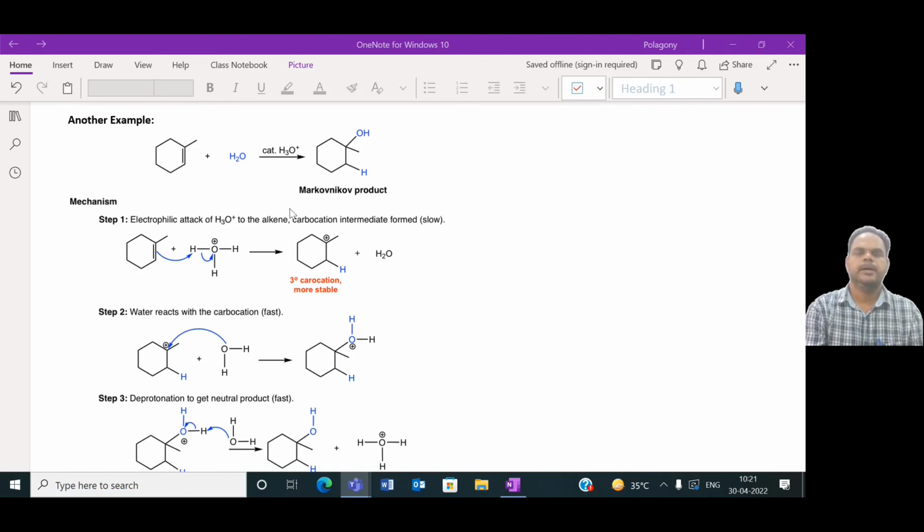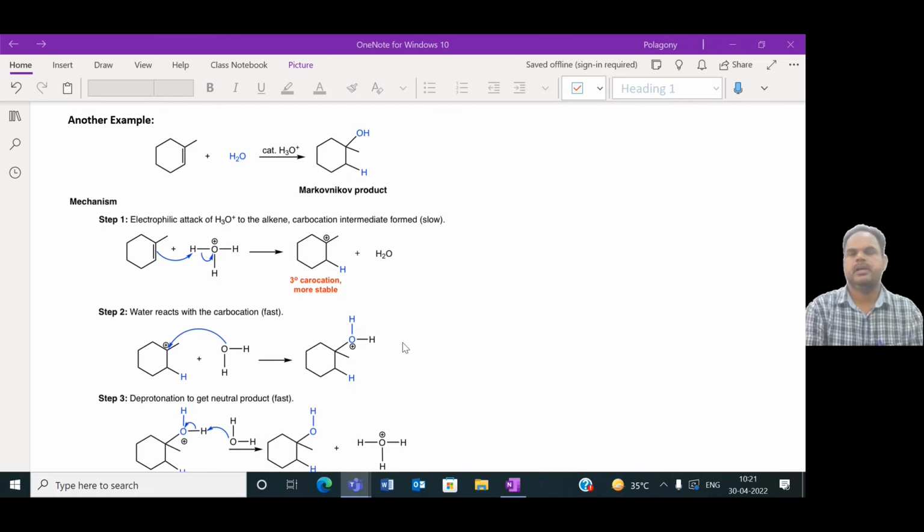Here water molecules are added to the unsaturation center in the presence of an acid catalyst, and in this process the formation of alcohols, the stable products, we can get.